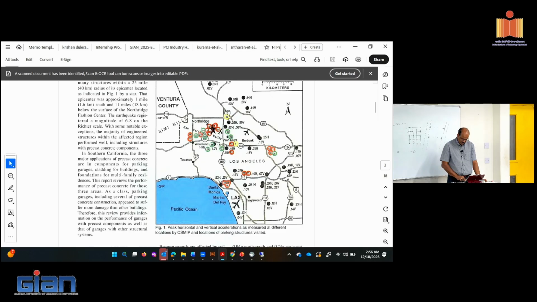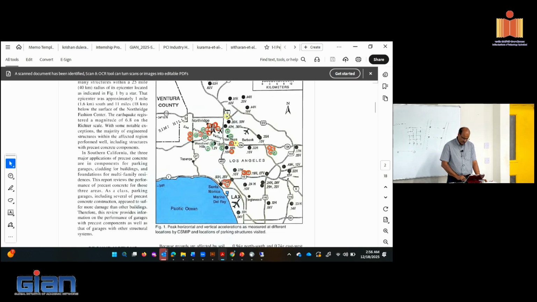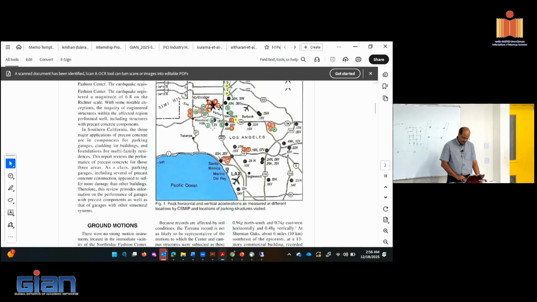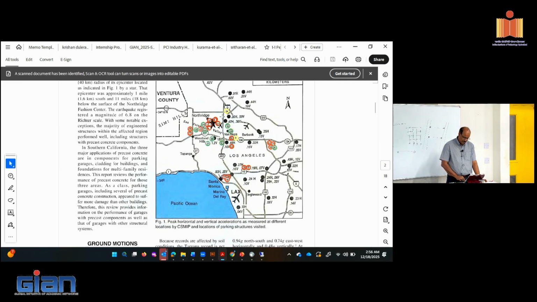So Northridge is right here. That's where the epicenter was. There were two structures that got a lot of media coverage. One is a parking garage at Cal State Northridge, or California State University Northridge. And the second one is a parking structure at a shopping mall in Northridge.